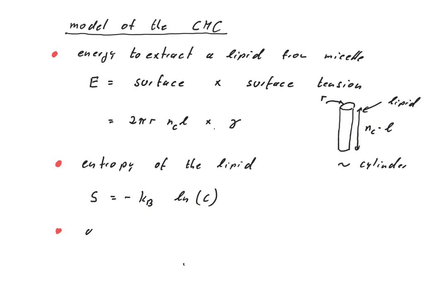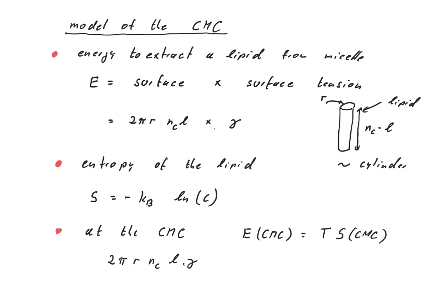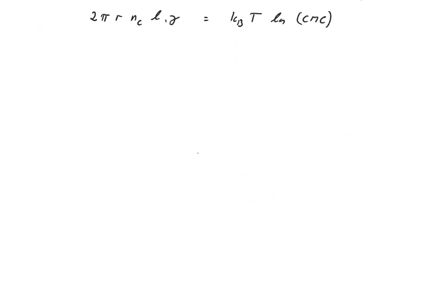Now, at the CMC, the inner energy equals the entropy, from which we obtain the equation 2 pi r nc L times gamma is equal to kBT times the log of the critical micelle concentration. We solve for this critical micelle concentration and obtain CMC is equal to e to the power minus 2 pi L gamma divided by kBT times nc times r.